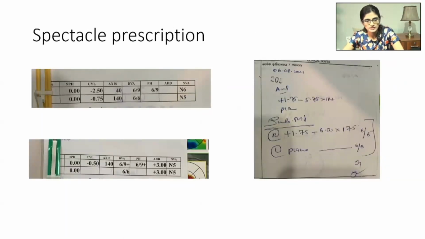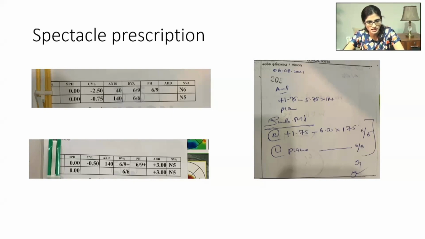So here is a spectacle prescription. I have just added this so that we all know what we see that is sent by the optometrist. So here the first bit is the sphere or the spherical correction that is given. So this is for myopia or hypermetropia. Here this patient has not needed any spherical correction.